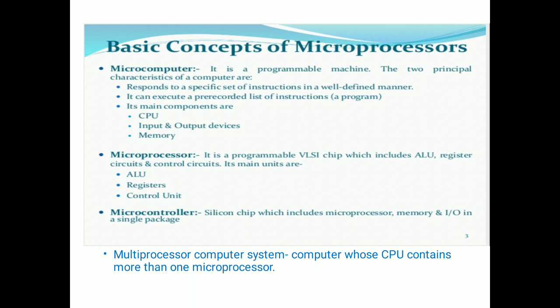The CPU of a large, powerful digital computer contains more than one microprocessor. For example, supercomputers, high-end powerful servers, etc. These microprocessors placed in a CPU of a large powerful computer operate in parallel. So such type of computers are known as multiprocessor computer systems.